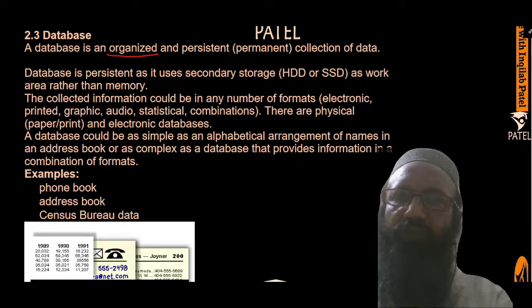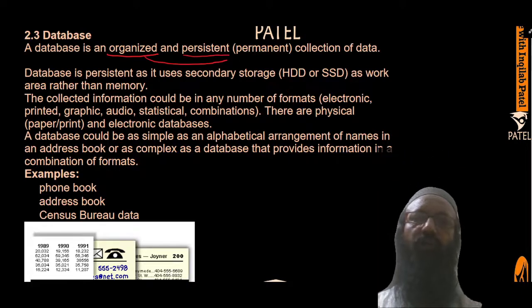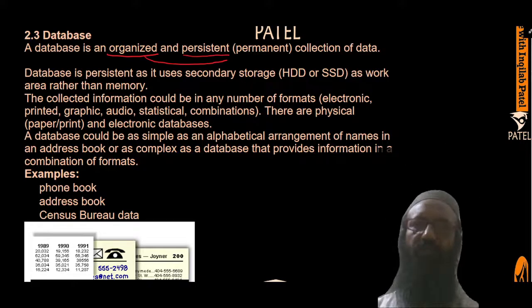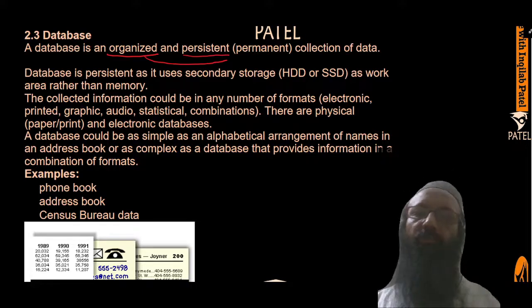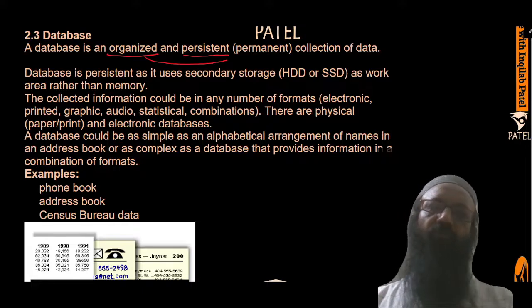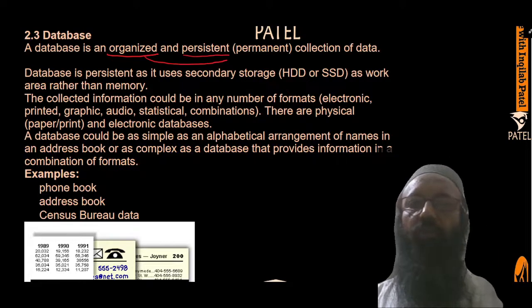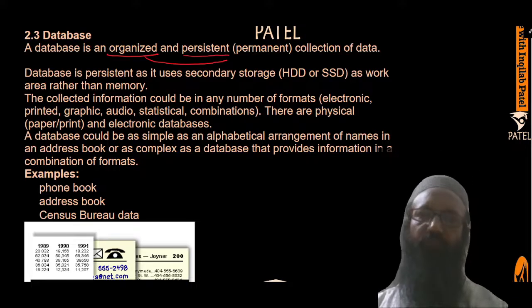The second feature of the database is that it is persistent. Persistence means it stores data directly on a secondary storage device. Other software like your MS Word, Excel, PowerPoint basically use RAM to store data, but a database always stores data directly on a secondary storage device.